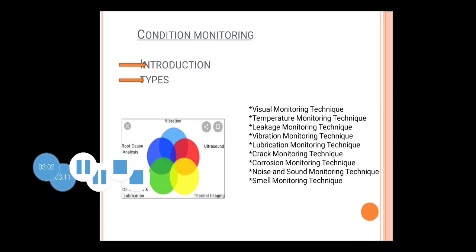The next point, types of condition monitoring techniques. It may be visual monitoring technique, temperature monitoring technique, leakage monitoring technique, vibration monitoring technique, lubricant monitoring technique, crack monitoring technique, corrosion monitoring technique, noise and sound monitoring technique, and lastly smell monitoring technique.